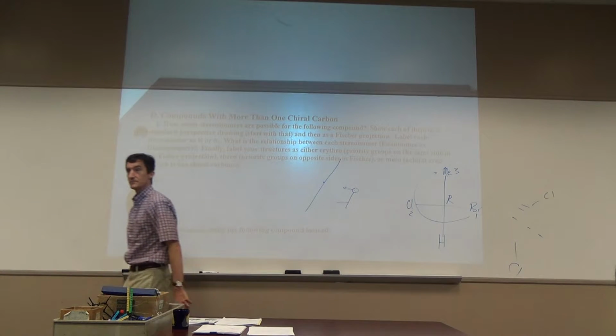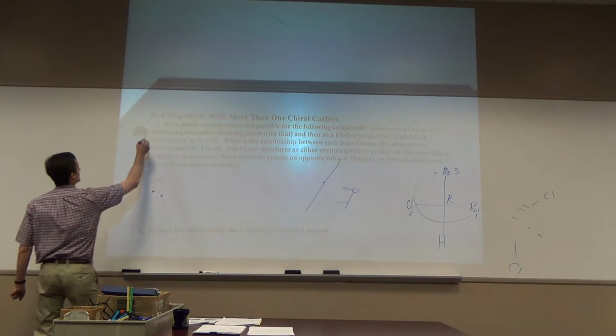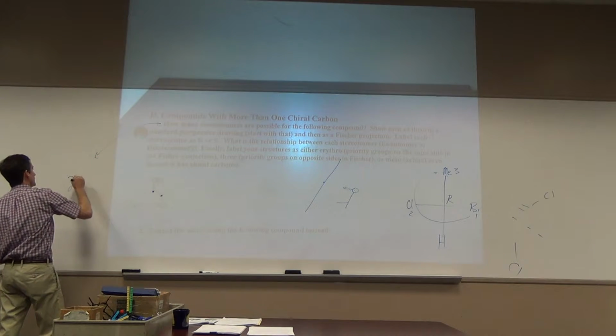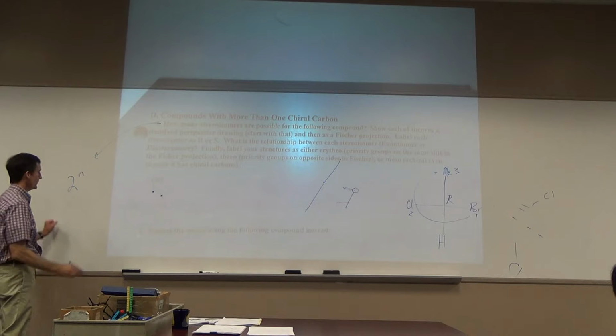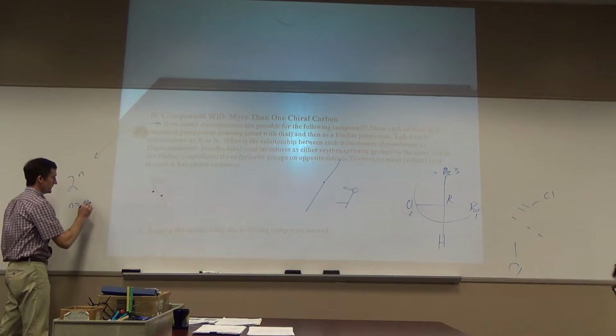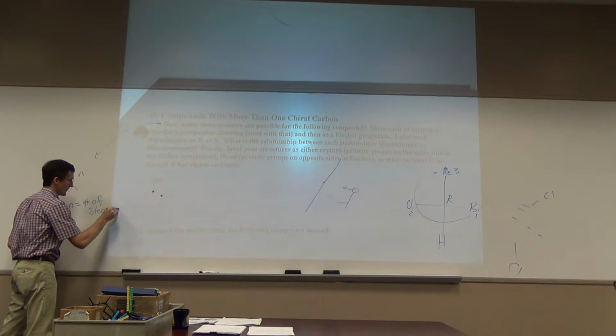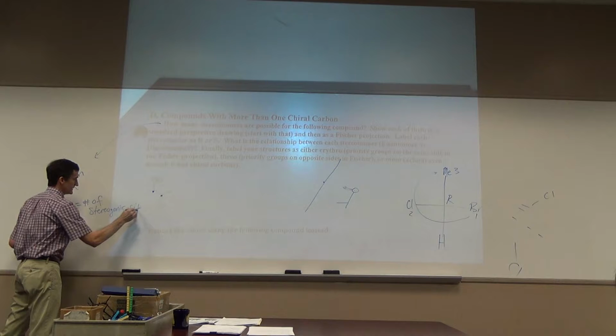I'm studying for DAT, that's why. Okay. It's 2 to the nth power, where n equals what? Number of stereogenic sites.